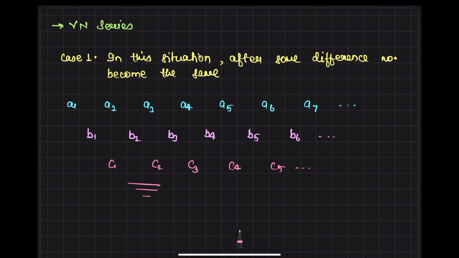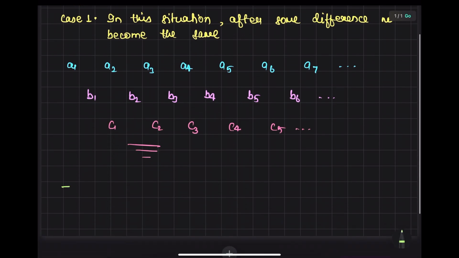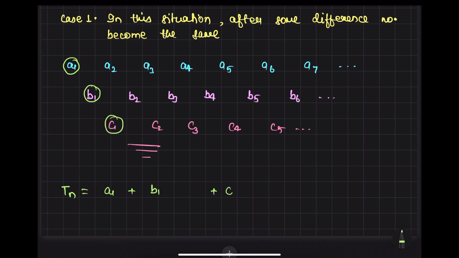If you fall under this situation and you are supposed to write down the formula for the nth term, how will you respond? First you will write a1 plus b1, leave some space, then c1, leave some space, then d1, then e1, and it keeps going until the point where you get constant numbers.